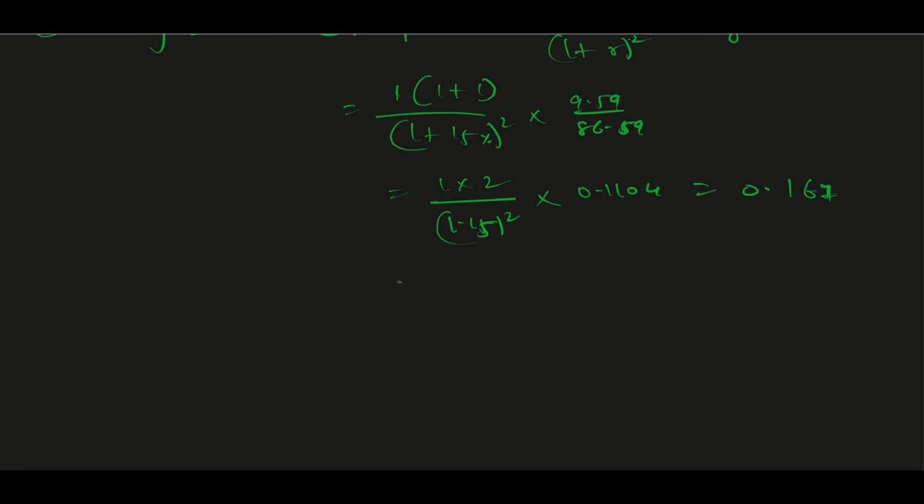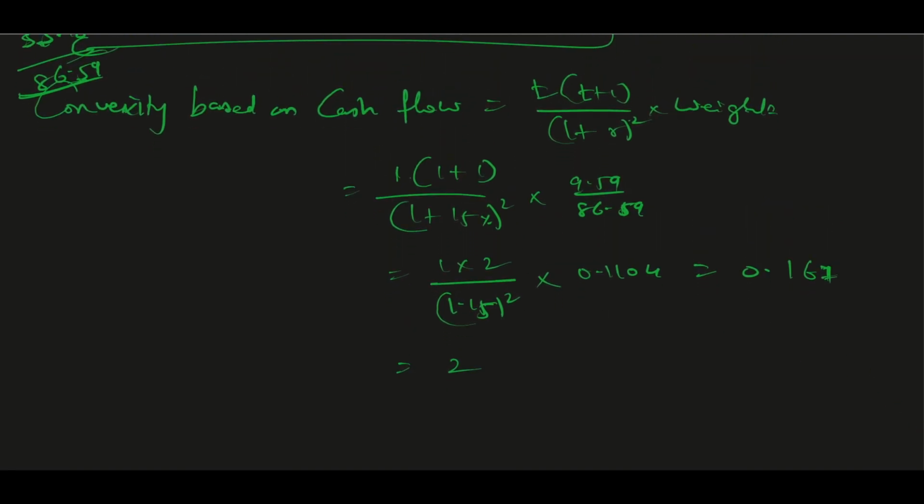For the second one, it will be 2 into 2 plus 1 divided by 1 plus 15 percentage, raised to 2.